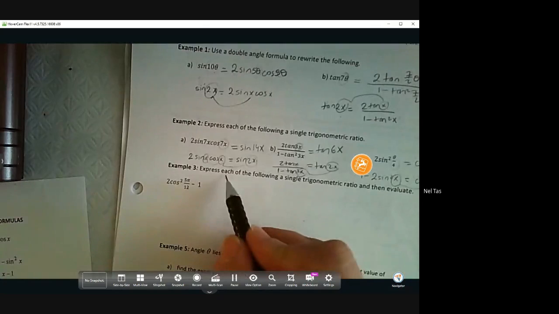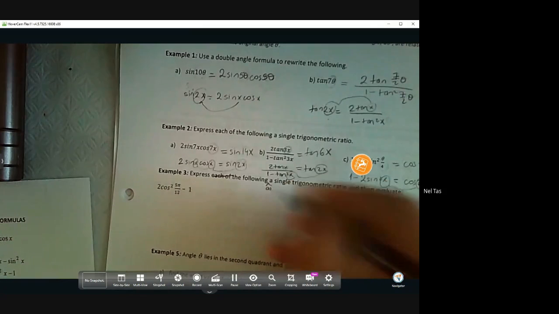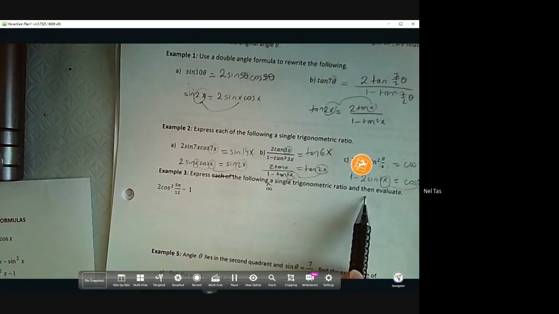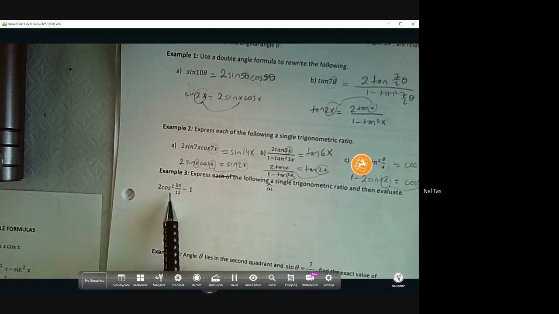Example 3. Express the following as a single trigonometric ratio and then evaluate. We have 2 cos squared 5 pi over 12 minus 1.